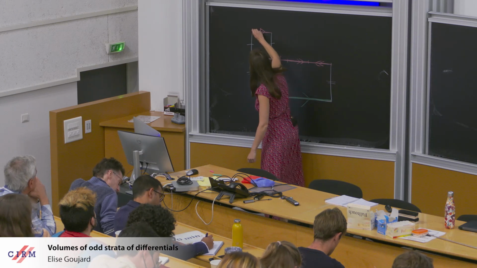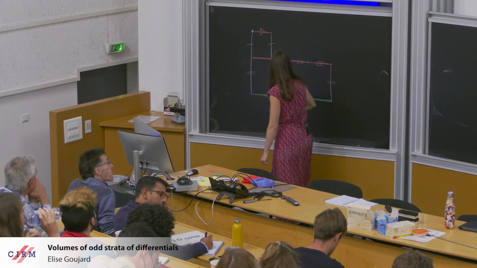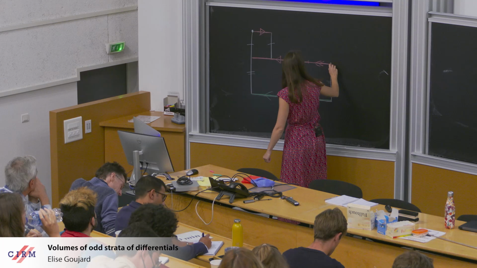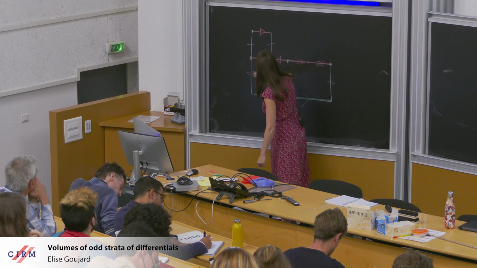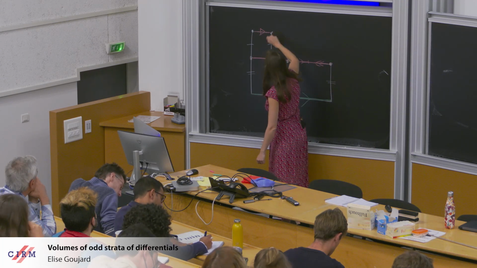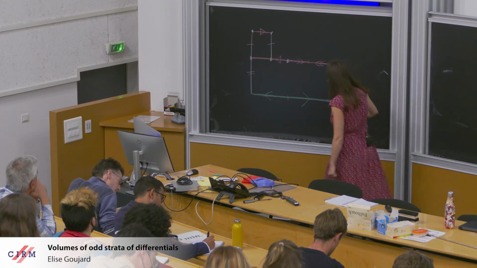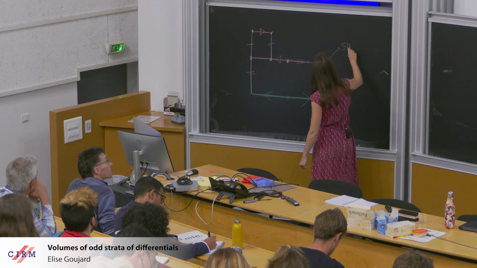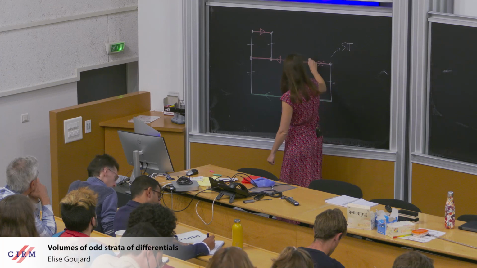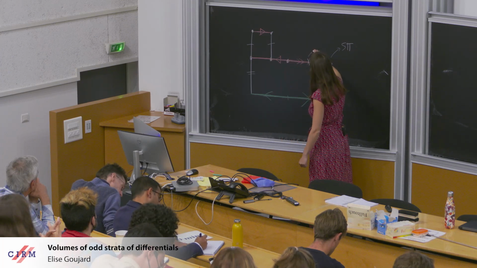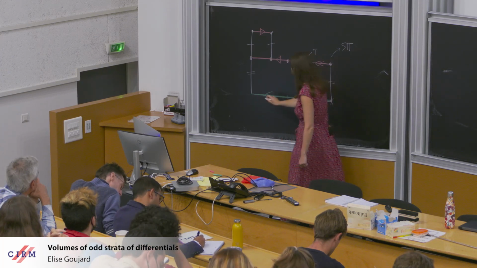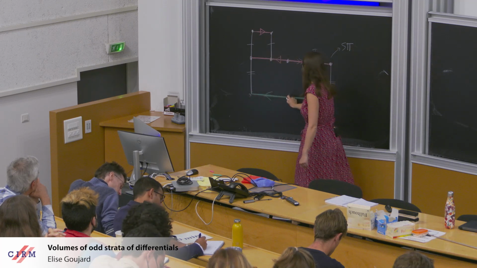So if I glue the vertices of this polygon following the identification, I get one vertex of angle 5 pi. And this one is angle pi. And here you get angle pi, and here also.